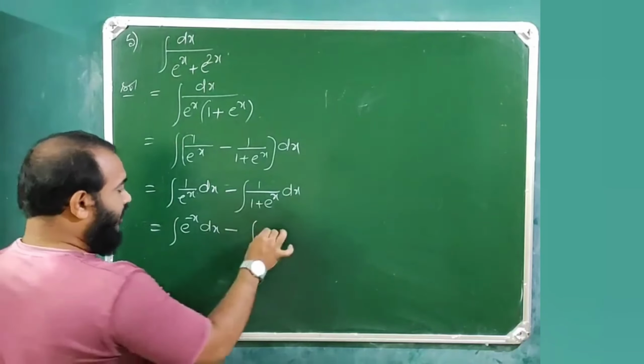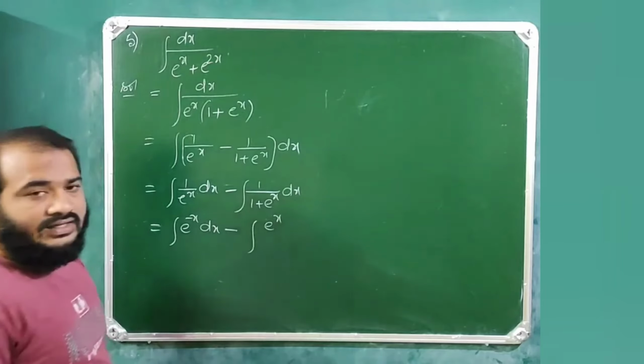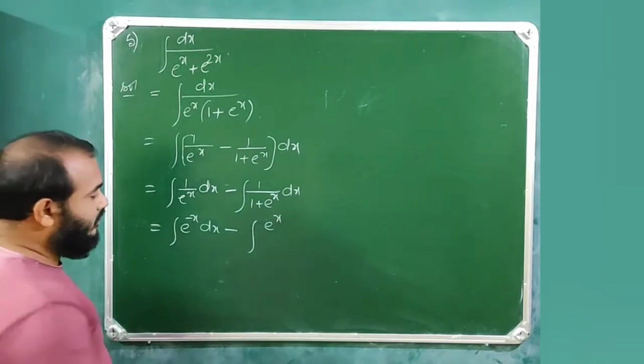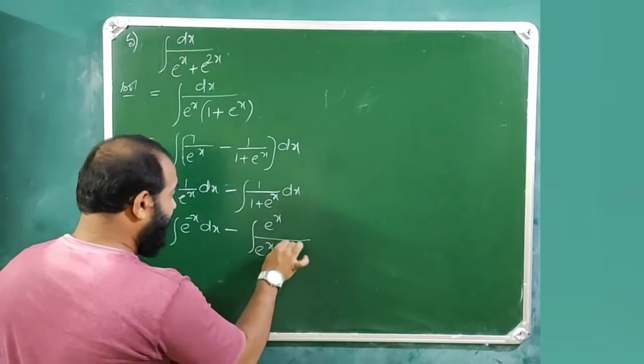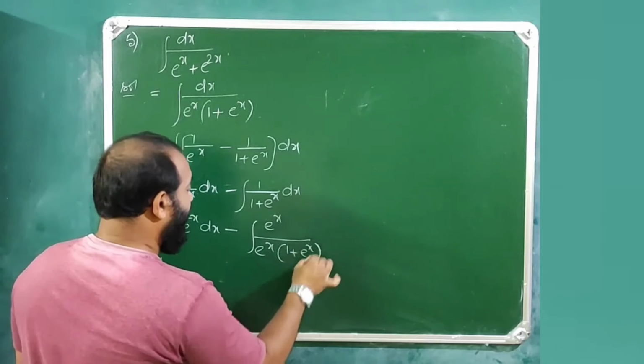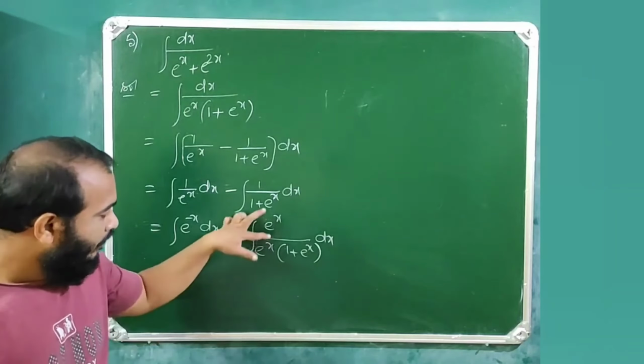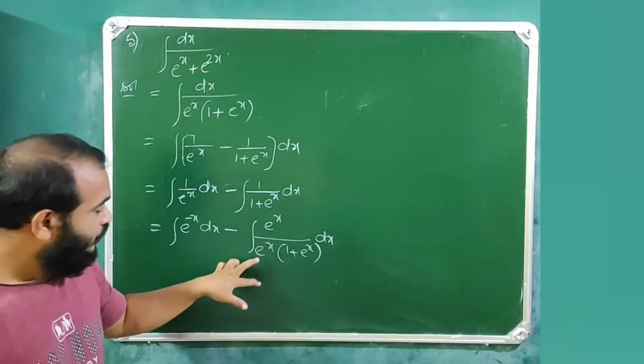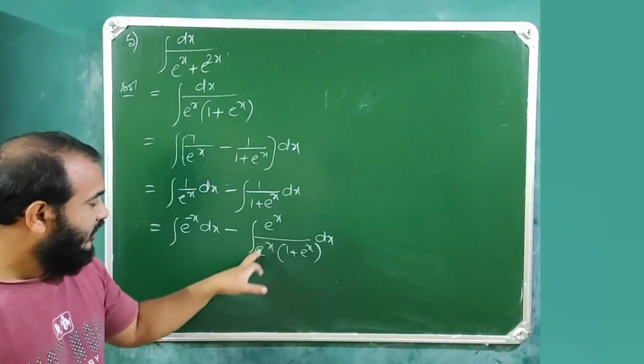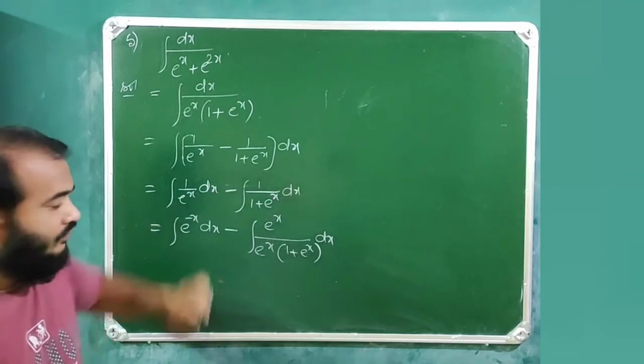What I am doing here is I will multiply and divide with e power x, by e power x into 1 plus e power x dx. So additionally, e power x I have multiplied and divided. If we cancel these two, we are left with this only.